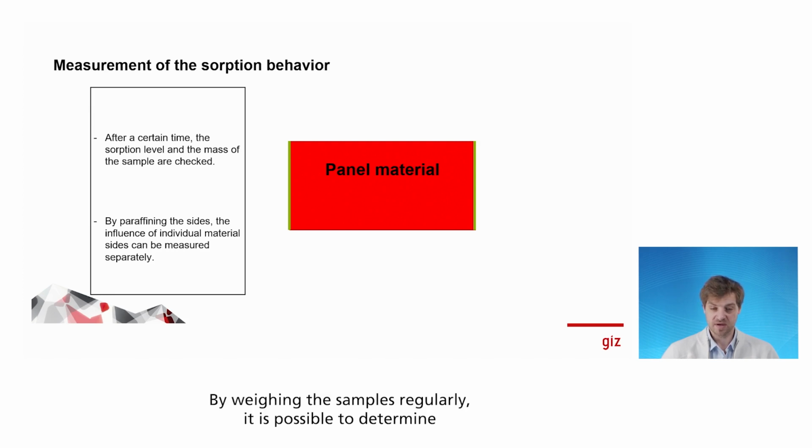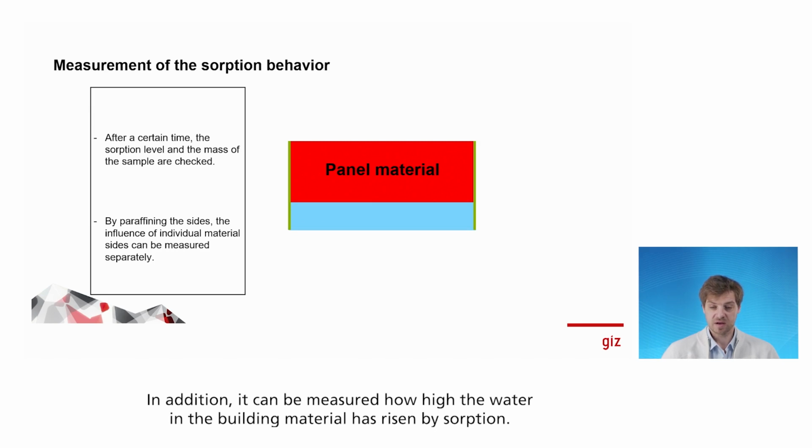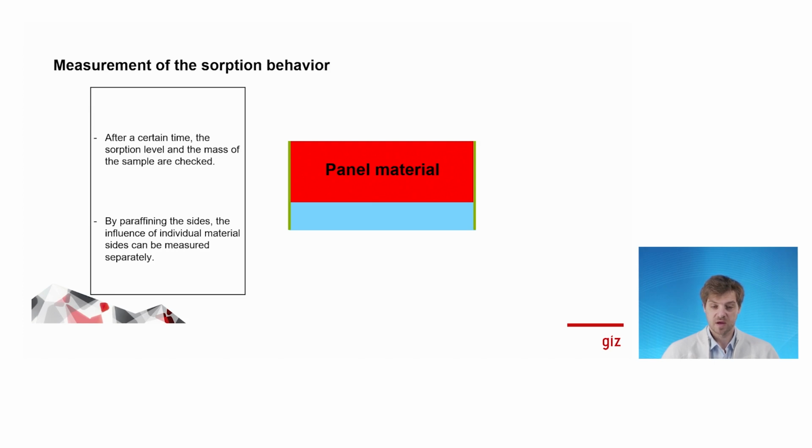By weighing the sample regularly, it is possible to determine how great the absorbency of a material is. In addition, it can be measured how high the water in the building material has risen by sorption. With this, we can recalculate the water uptake in a construction, for example, after rain events.